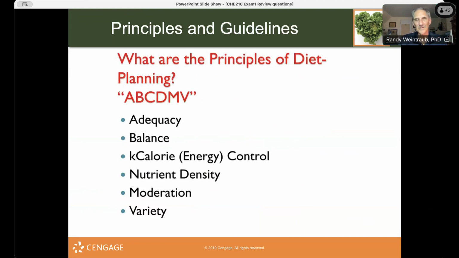Just another way to remember these: maybe I'll talk about three that you could think of, because they overlap, but the ideas of moderation, variety. So you might say, well, balance. Balance is very similar to variety, perhaps. Adequacy.